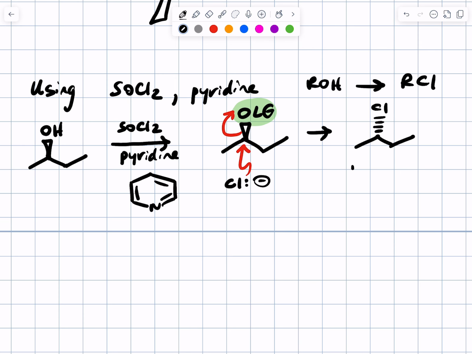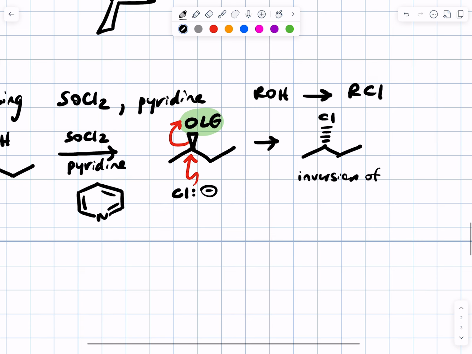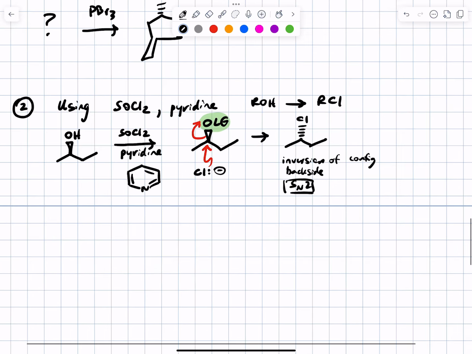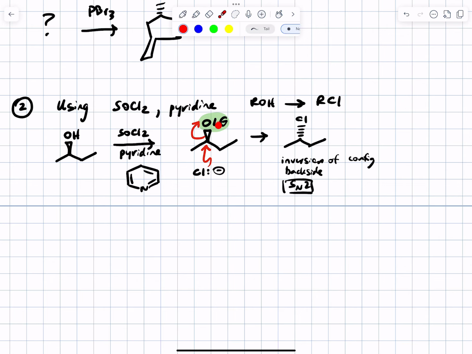And again, you see inversion of configuration, which is consistent with backside attack, which is what we expect for the SN2 mechanism.